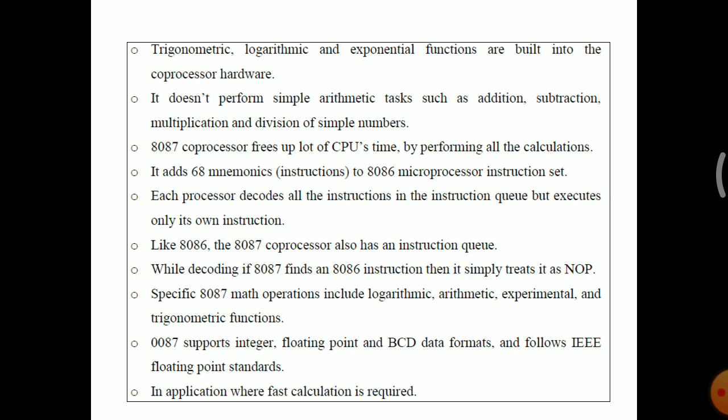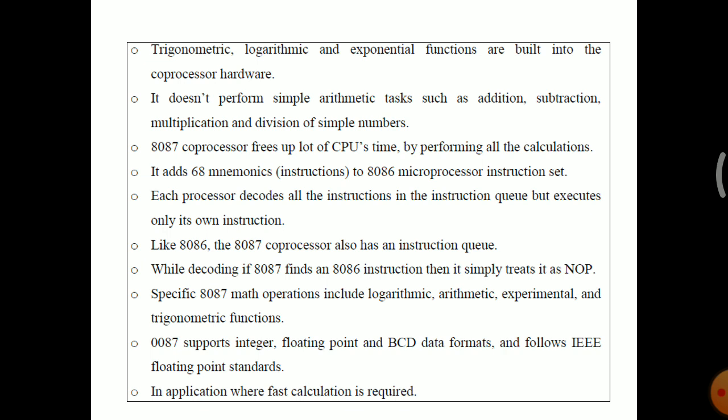Any processor that you are using decodes all the instructions in the instruction queue but executes only its own instructions. Whenever a program is to be executed by the microprocessor, it will be fetching the instructions of those programs into its instruction queue.